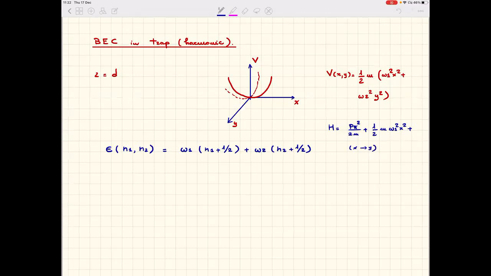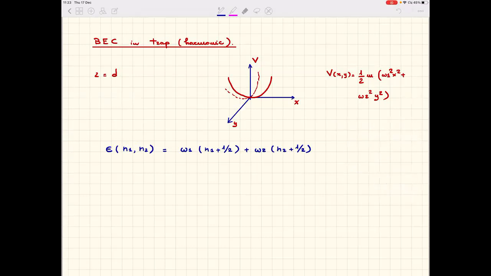And therefore, you can write your wave function psi of x and y as psi n1 of x, which is the harmonic oscillator wave function for x, times psi n2 of y. Okay, so that's why you have this spectrum. Clear to everybody? Yes? Okay.